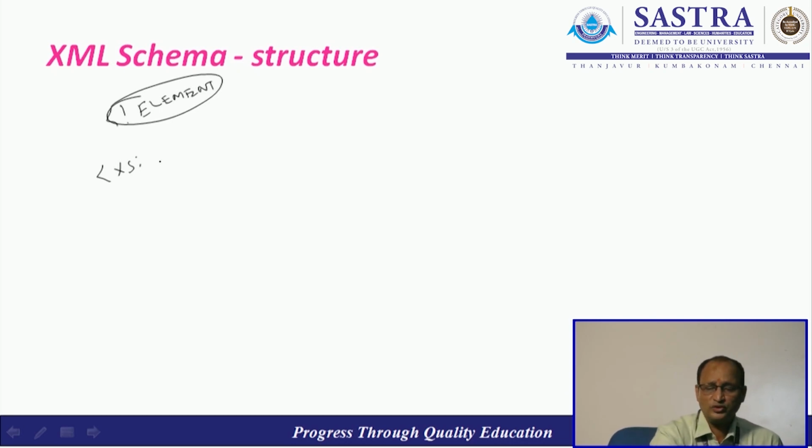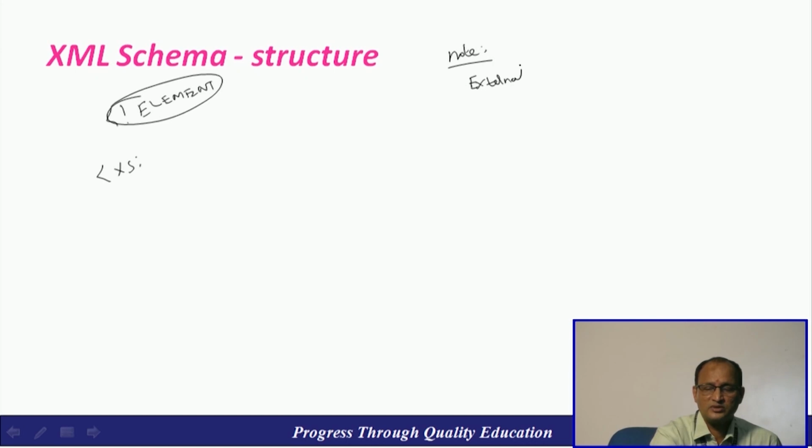And one more thing we should remember, in XML schema we have only external schema and there is no internal schema. But in document type definition, we are familiar with the internal DTD as well as external DTD. But now we have only external schema definition.